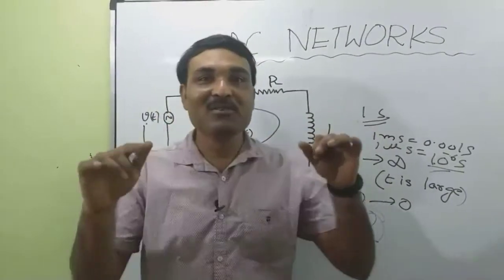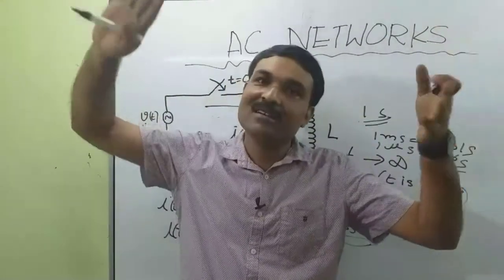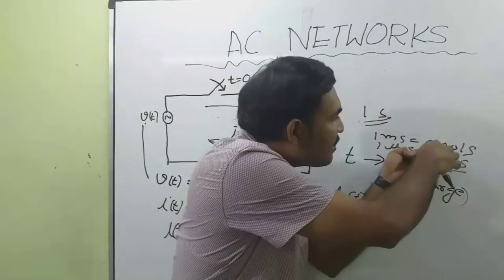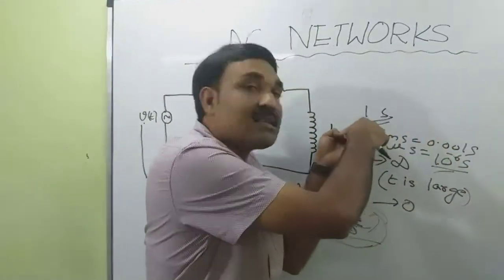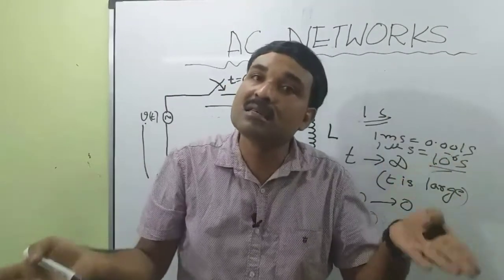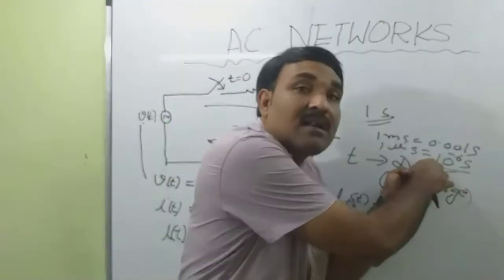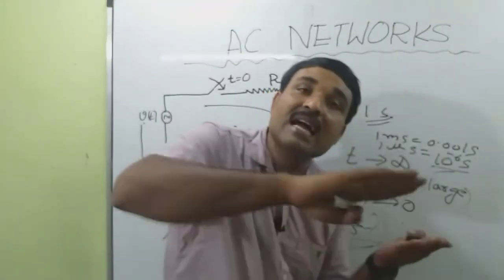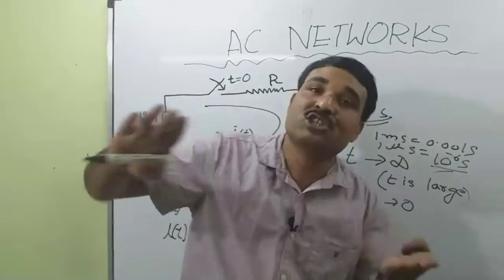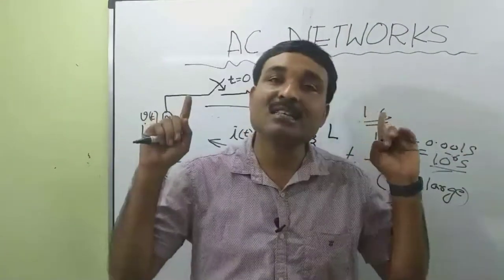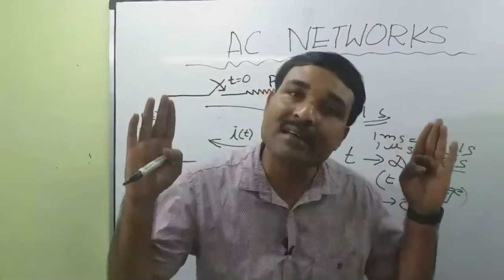For a network, this value is small compared to this value, or we can say 1 second is a large value compared to 10 raised to minus 6 second. So compared to 10 raised to minus 6, 1 second may be infinity. That is, for a large t the transient response completely vanishes, that is equal to 0, and the steady state response, that is the response due to the input, will always remain.